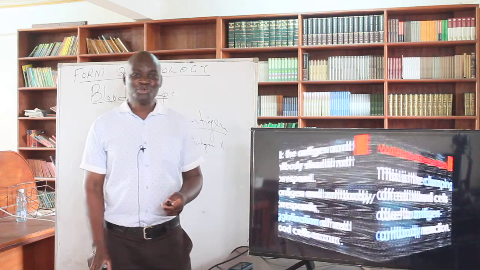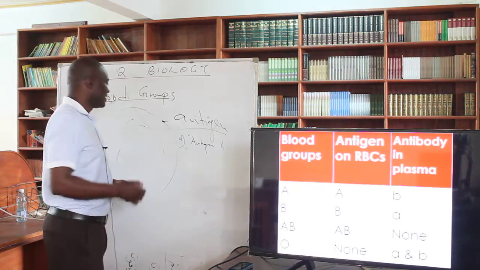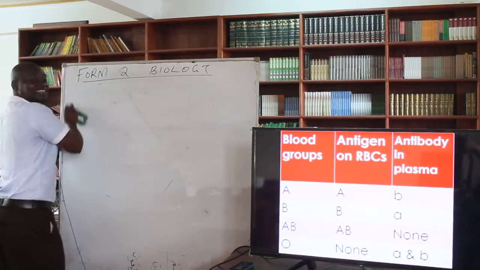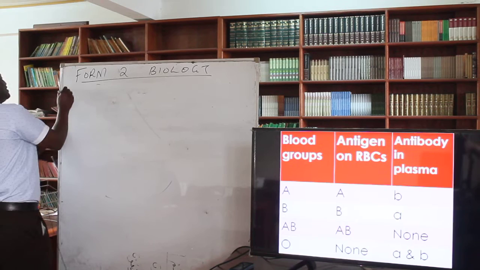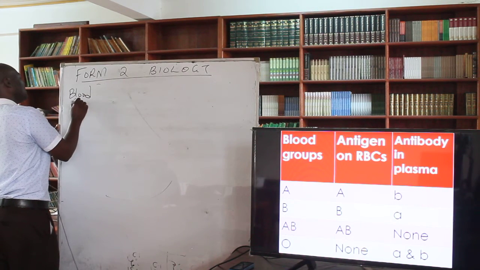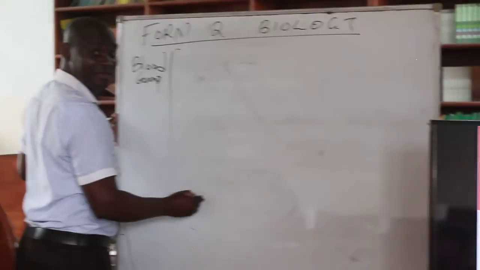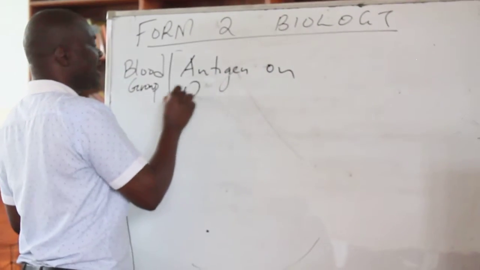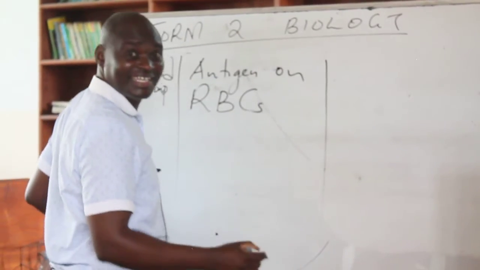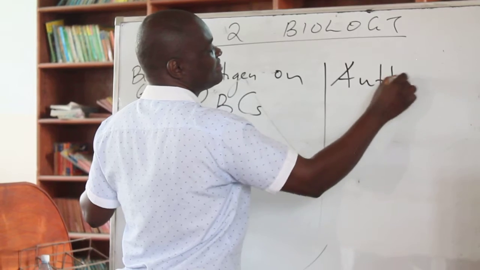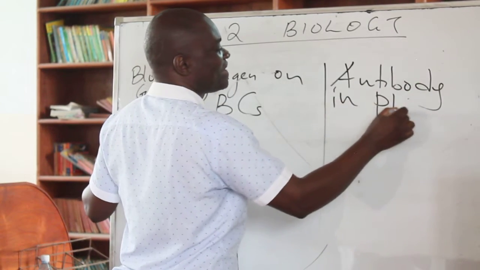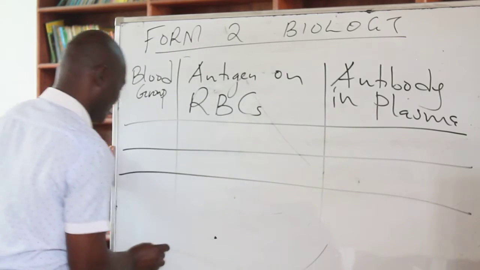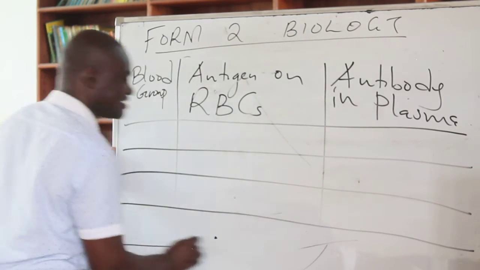I'm going to use a table here, and in that table, I will have a column with blood group, another column with antigen on red blood cells, and then antibody in plasma, so that we may understand what we are talking about.